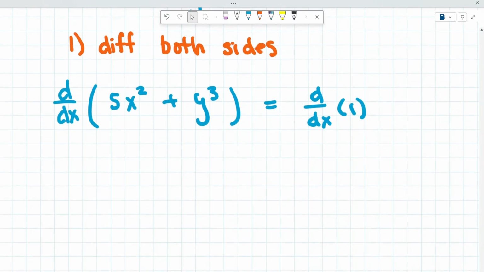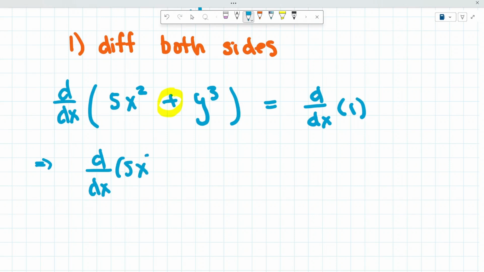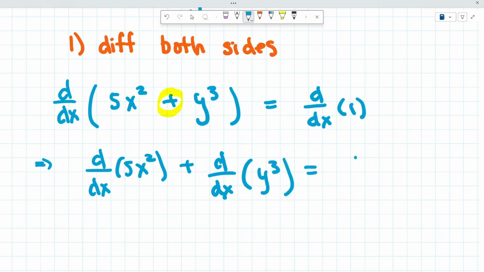Awesome. So following derivative rules, because we have an addition here, we can apply this derivative to both these terms individually. Meaning we've now got d over dx of 5x squared plus d over dx of y cubed equals d over dx of 1.